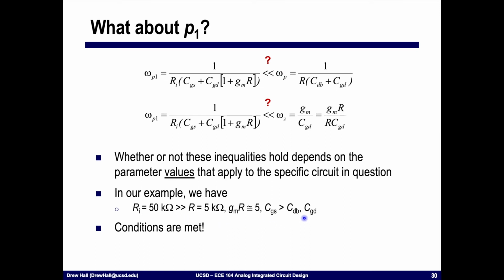However, there are times when it can be at the output, and I'll walk through a few examples of that in just a minute. But in our particular conditions, if we were to plug in all of these numbers and check these inequalities, we would find that it is met, that omega P1 is lower than omega P2, and that it's lower than the zero frequency. And that's simply to say that we hit the dominant pole first.